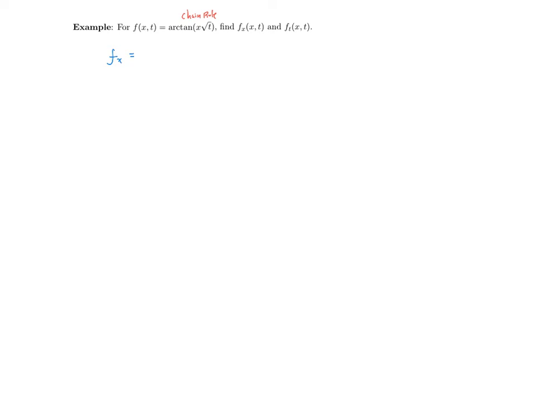So the partial with respect to x, we take the derivative of arctangent, 1 over 1 plus something squared. We substitute in that inside function, and then we multiply by the derivative of the inside function. And when we calculate the partial of the inside function with respect to x, we have x times the constant square root t. The derivative of x times a constant is simply that constant. So square root t over 1 plus x square root t squared.